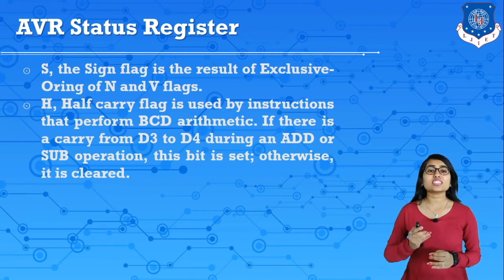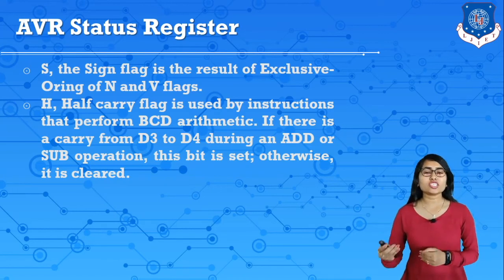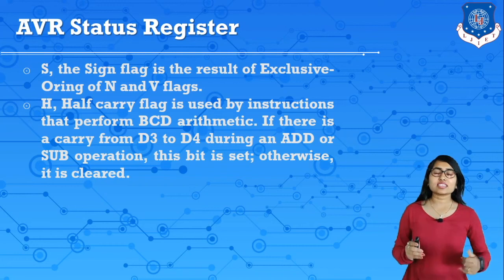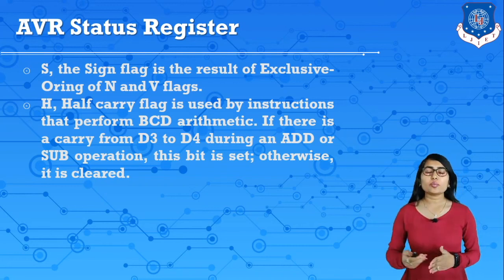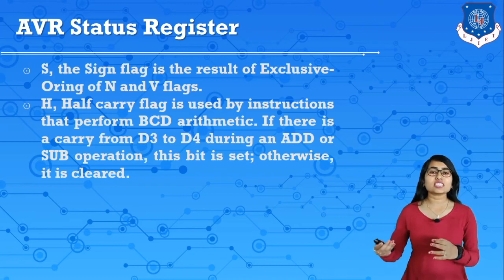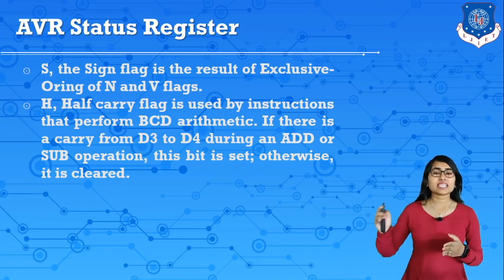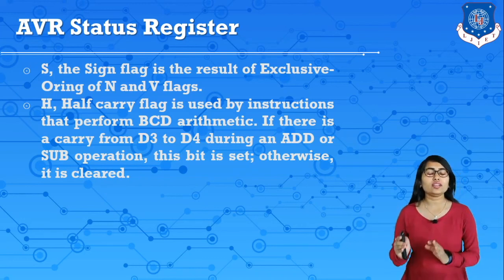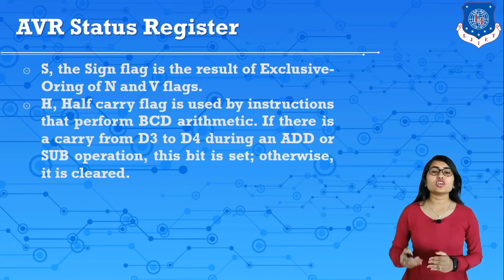Next, T is a bit copy bit. Whenever we want to copy a bit, we can enable this T flag in the register. And for interrupts, if the microcontroller is to allow interruptions, then we have to make this I bit equal to 1, otherwise this I bit is equal to 0.